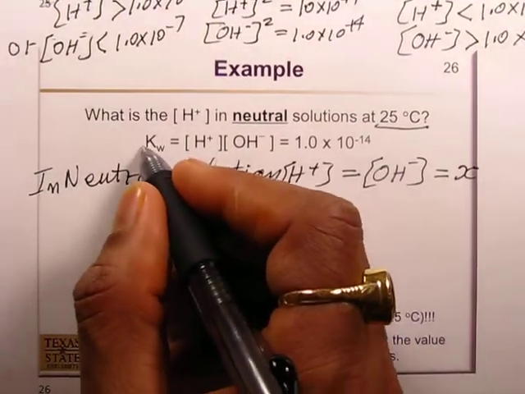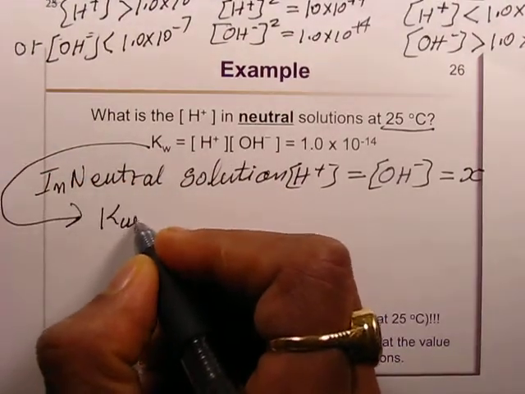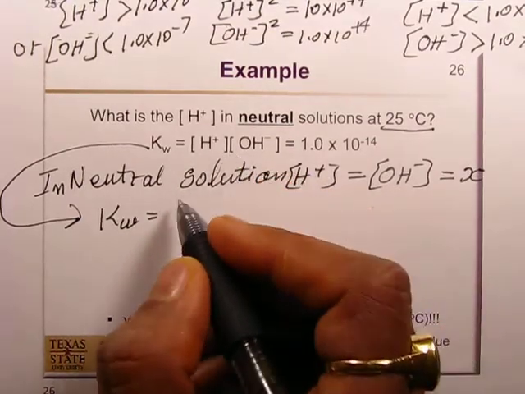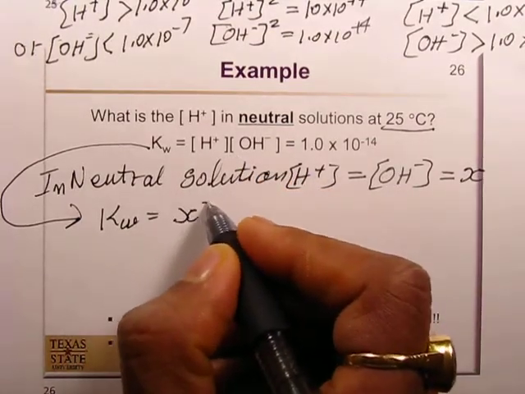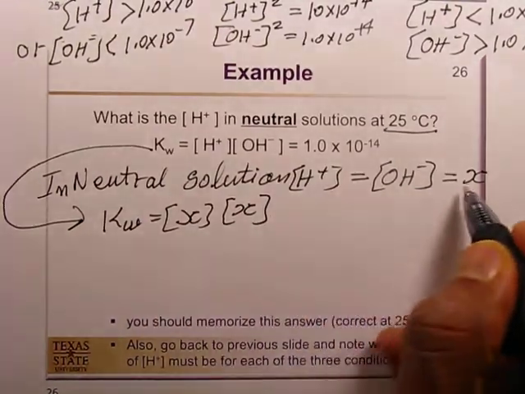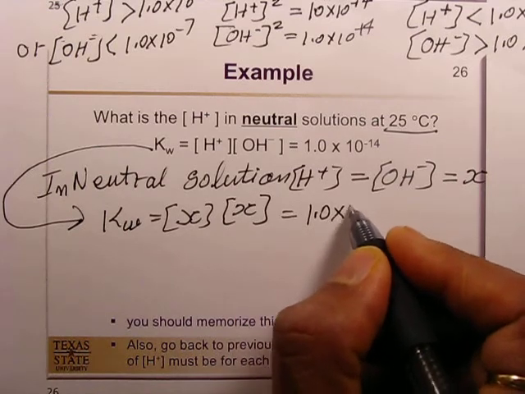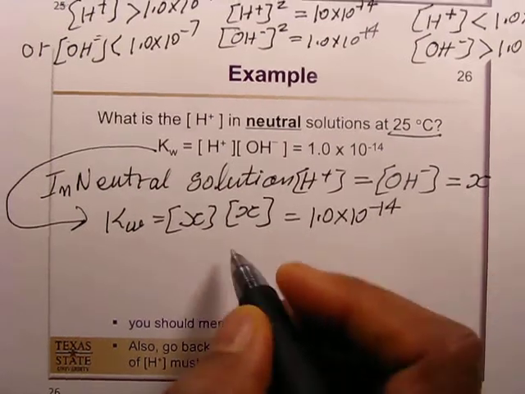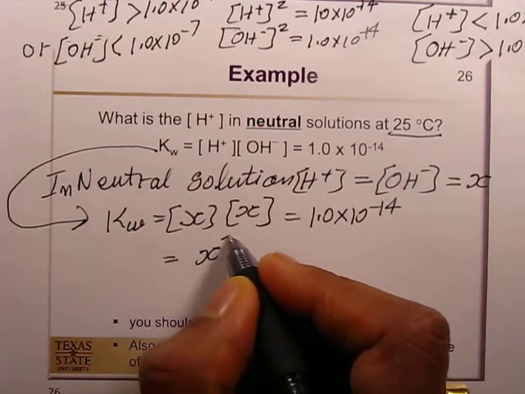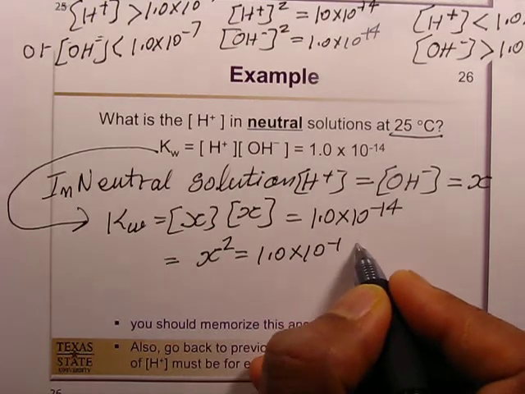So let's work on this equation. Kw will be equal to, since we are talking about the neutral solution, X and X on both, because the concentration will be same, and that will be equal to 1.0 times 10 raised power minus 14. So this will become X square equals 1.0 times 10 raised power minus 14.